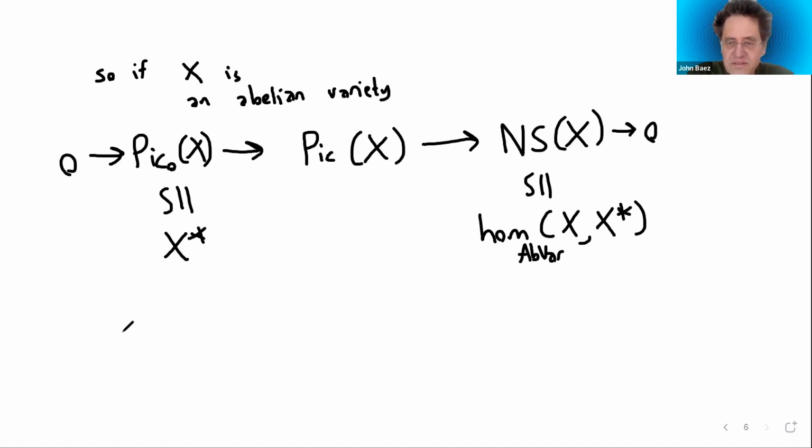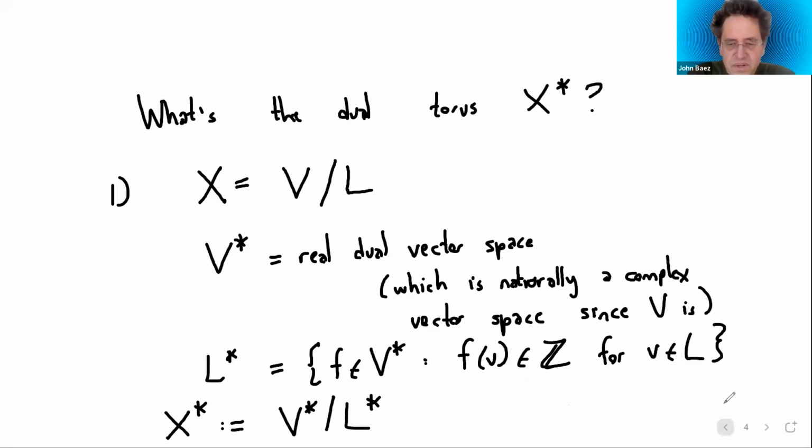So I wanted to attempt to say a little bit about how we get this description of the Néron-Severi group in terms of the dual torus from some of our other descriptions.